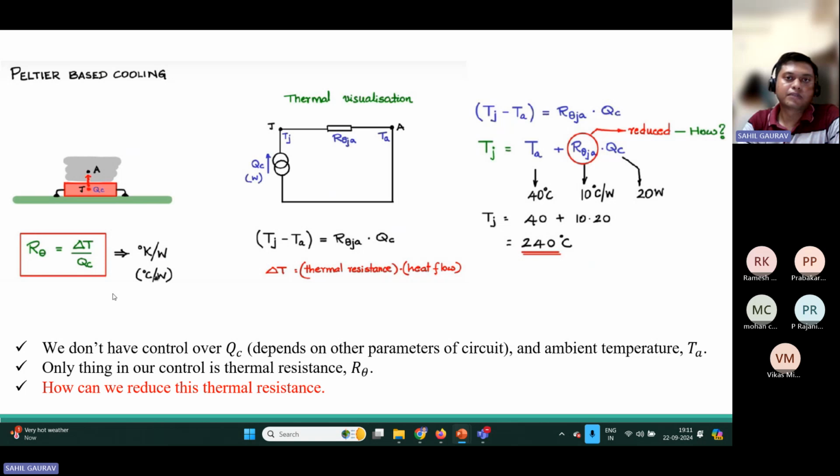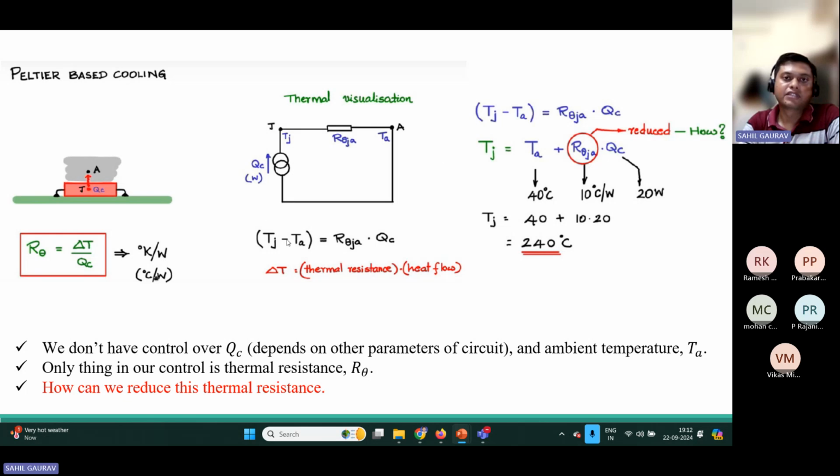So now, mathematically, this is how you can make the circuit for the thermal effects. Here the thermal resistance is the ratio of delta T upon the amount of energy extracted from the body. Its unit is degree Celsius per watt or degree Kelvin per watt.